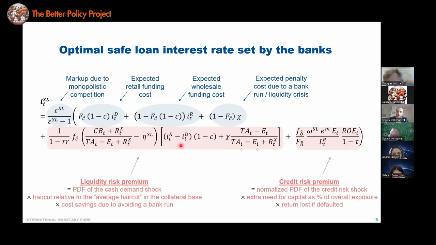Because of this, if you retain retail deposits, your profits are higher. That's the benefit of having liquidity insurance. The other benefit is that you avoid the liquidity stress cost, represented by this chi parameter. So these cost savings are the price of insuring liquidity risk. And if you extend a loan that generates liquidity risk, its interest rate better compensate for that price. So that's the liquidity risk premium and credit risk premium.